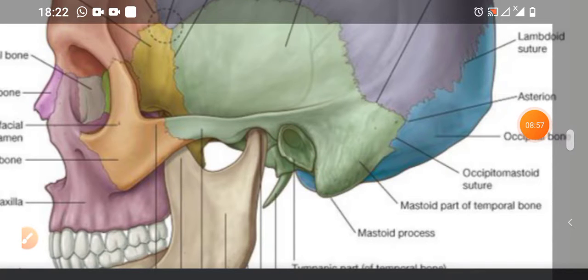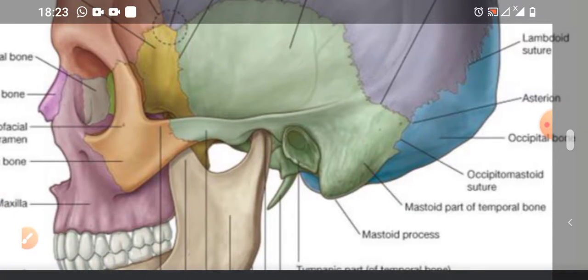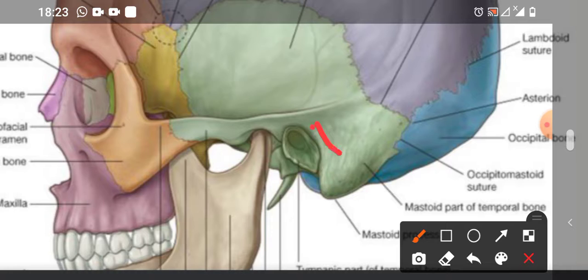So let's discuss the suprameatal triangle. It is a triangle which is present over here. This triangle is bounded above by the supramastoid crest, anteriorly by the external acoustic meatus, and posteriorly by a tangent, which is basically the posterior margin of the meatus.